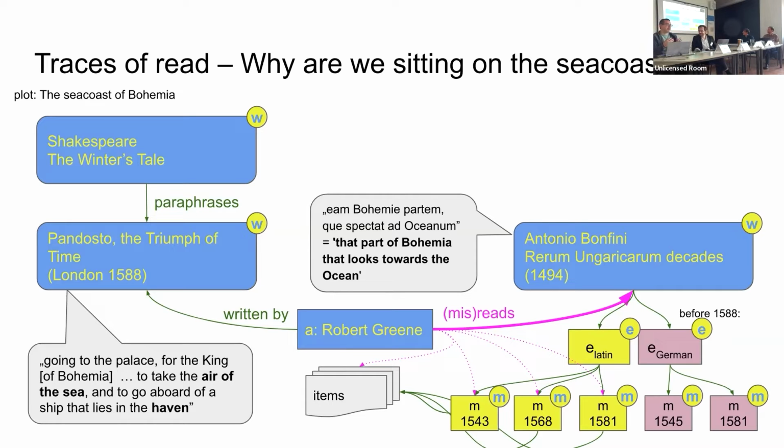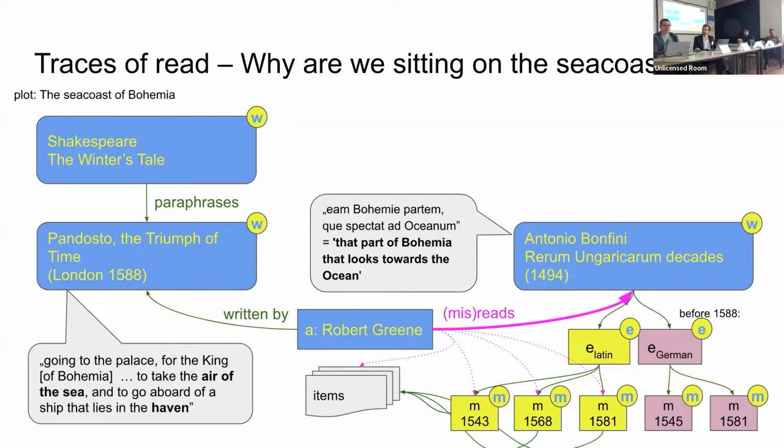And the hypothesis is that Robert Greene read this sentence, but at the same time he misread it. He thought, probably not knowing Bohemia, that it is near the ocean.